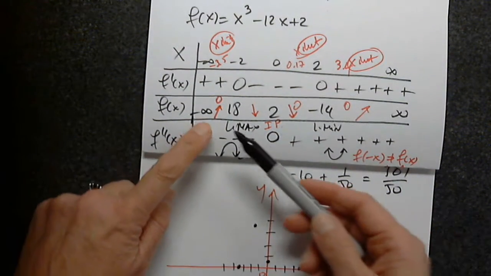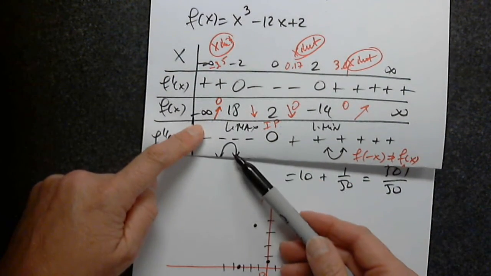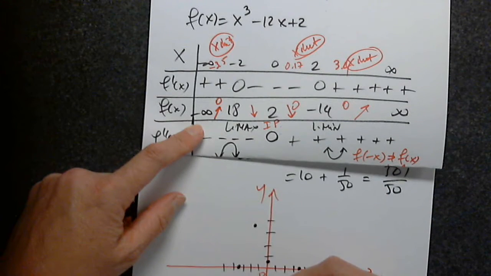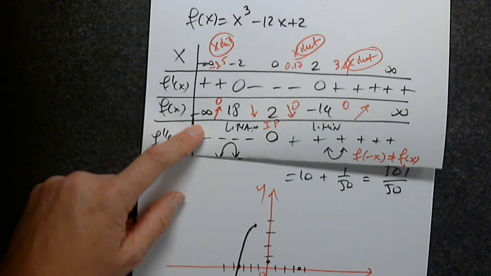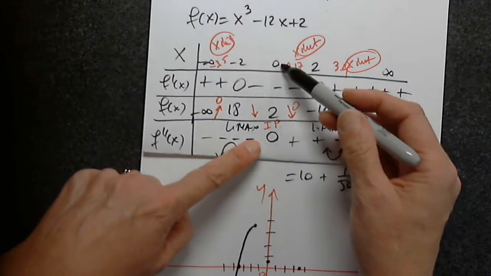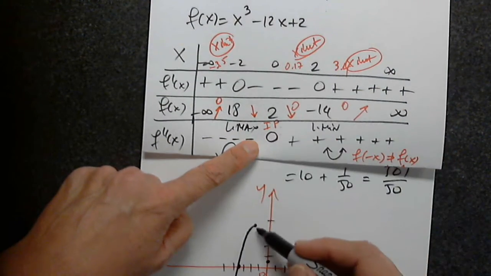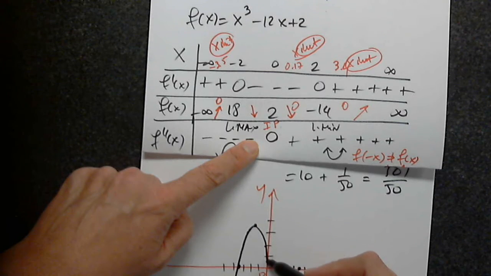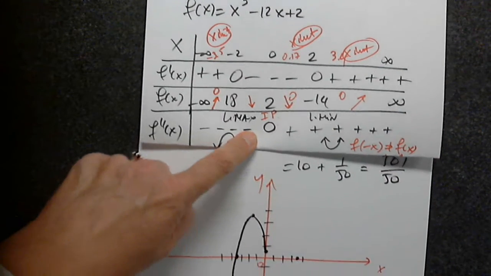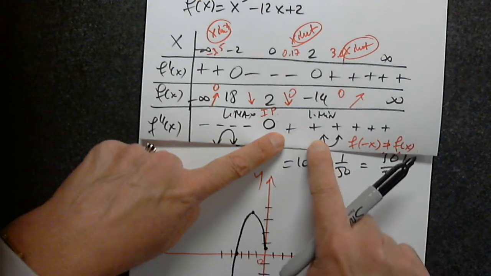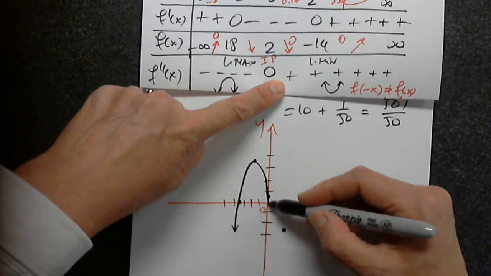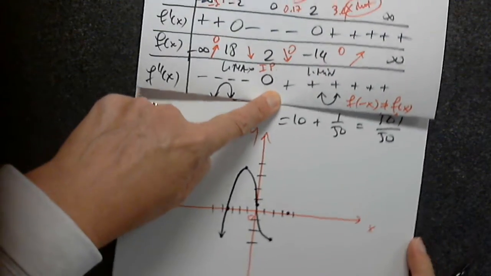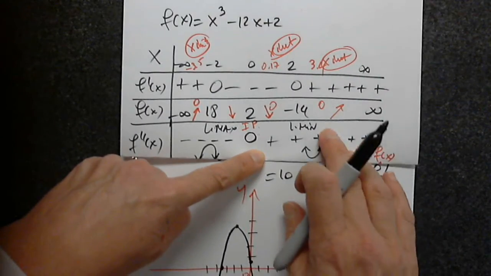So now it's coming from -infinity, opening downward and increasing to the local max. It's coming down to 0, 2, which is an inflection point. Then it continues to decrease, but this time opening upward till the minimum at 2, -14. And then it continues to increase.